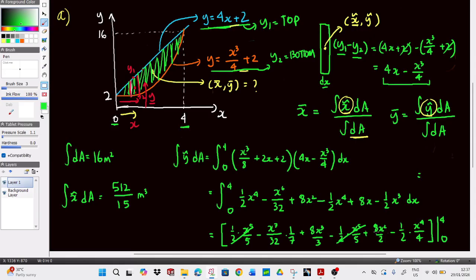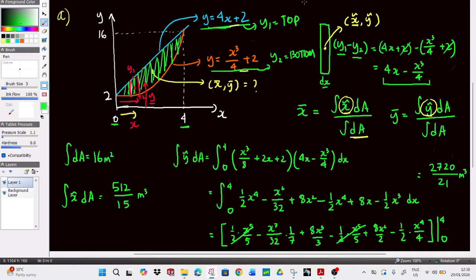X squared, x to the power of 4. Okay, so hold on, we get 2720 over 21 meter cube, and you put 0, you'll end up having the answer is 0.